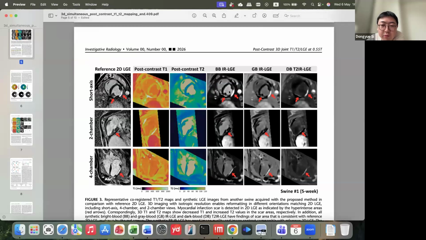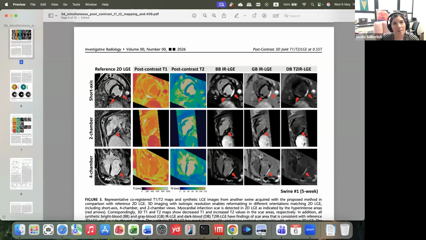Anyway, that is still lower than the 2D sequence, because the acquisition of the 2D is 1.7 millimeter in-plane resolution. So that is potentially one limitation of the 3D sequence. But with future investigation of super resolution, maybe it can help improve some of the 3D resolution.